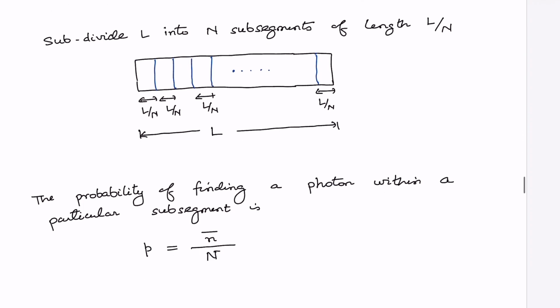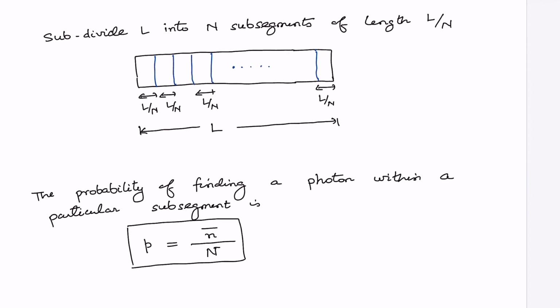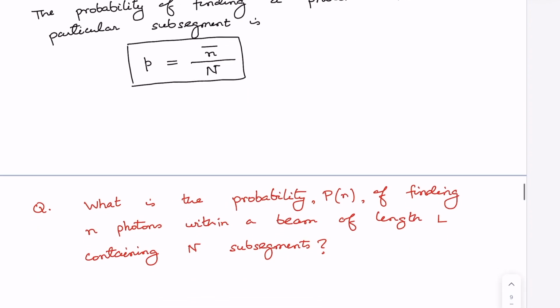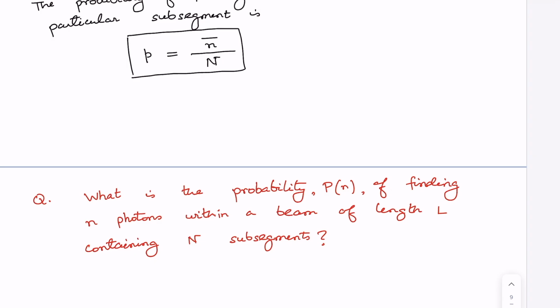This probability of finding a photon in a particular segment is given by this expression, where n bar is, as I said, the mean number of photons, and capital N is the total number of subsegments. Now the question is, what is the probability P of n of finding n photons within a beam of length L containing N number of subsegments?